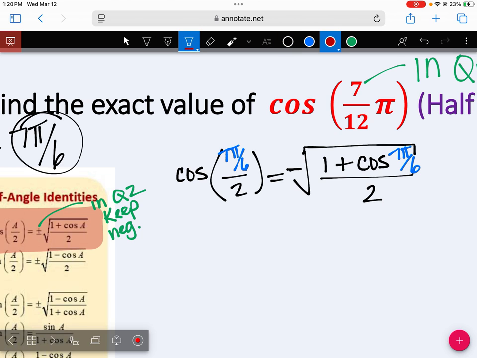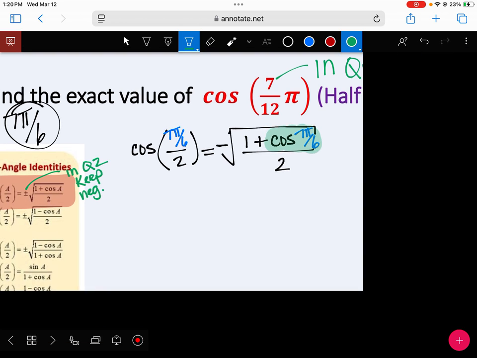So go to your unit circle and figure out what that is. What is the cosine of 7 pi over 6? Because we agreed that that's the angle we have to divide by 2 to get 7 pi over 12.